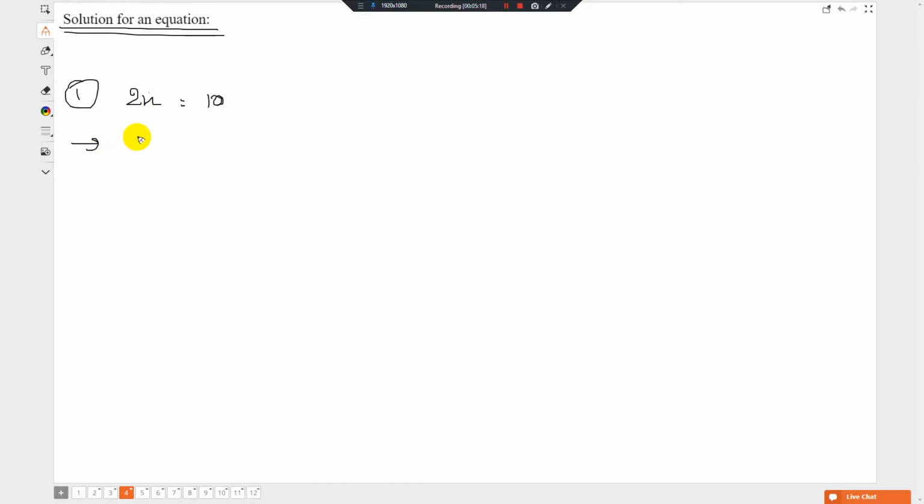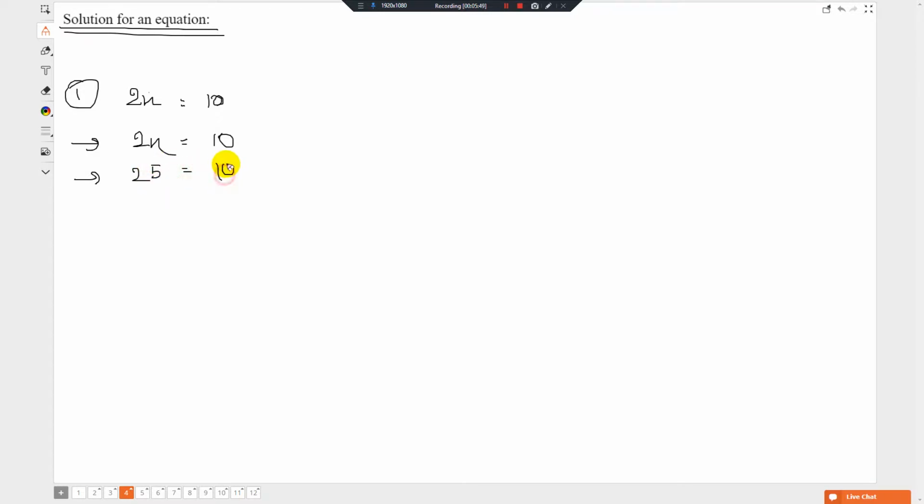First, think that this is an equation, right? Write in another line n. How many times does 2 go into 10? 5 times. So can't we write it like this?